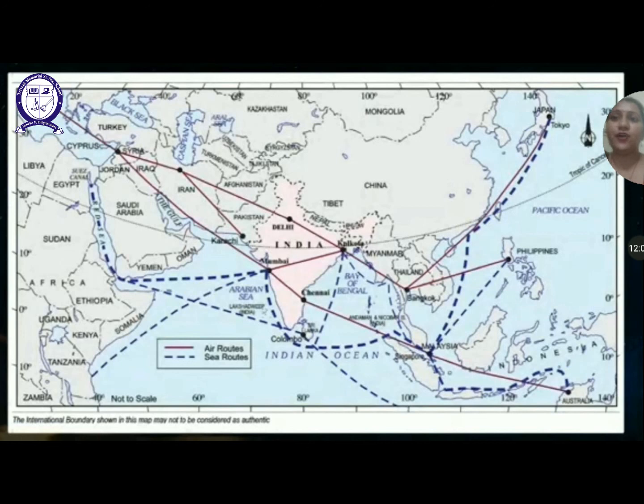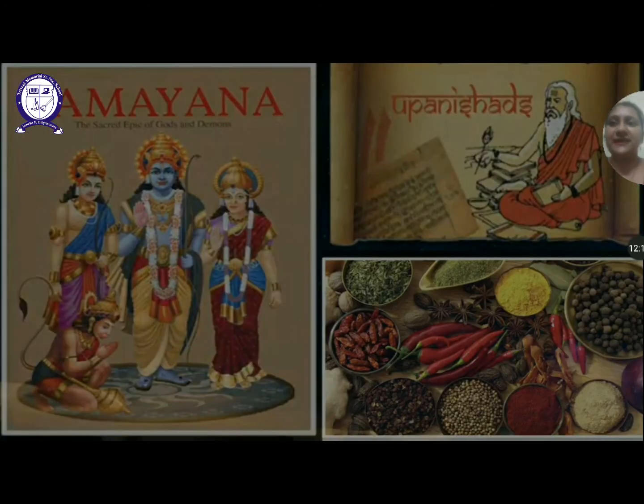The ideas of the Upanishads, the Ramayana, and the Gita have become known to the world. The Indian numerals as well as the decimal system long ago crossed the border. The Arabs took these ideas to West Europe. On the other hand, the influence of Greek sculptures and the architectural style of domes and minarets from West Asia can be seen in India.